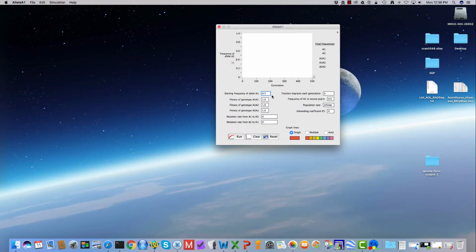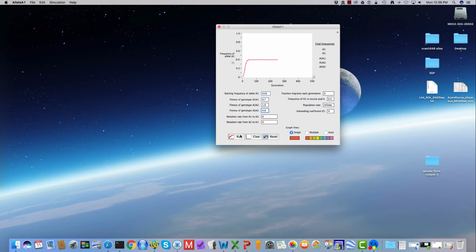So if we look at a simulation of overdominance, so this is carrying that same calculation over hundreds of generations, we can have a new allele starting at a frequency of 0.01 and have selection of 0.7 or fitness of 0.7 and 0.8, just like we had in the problem.